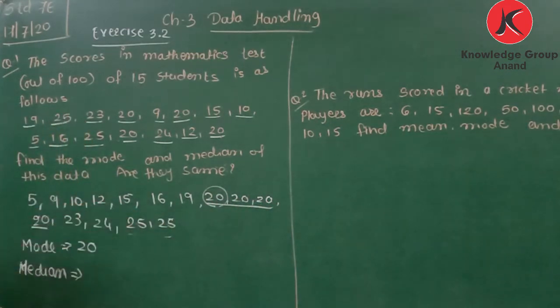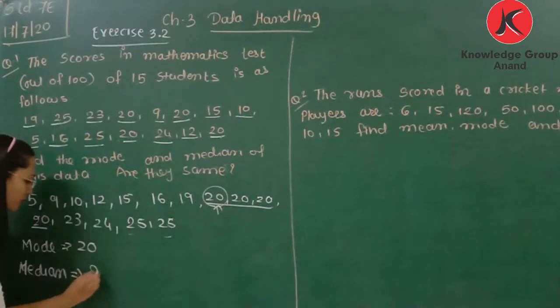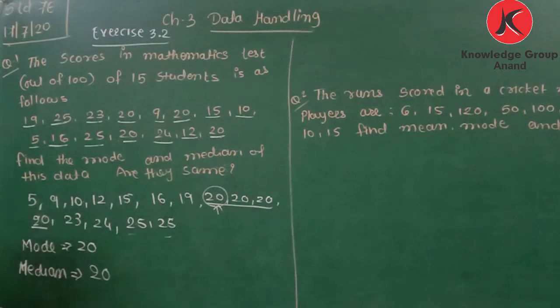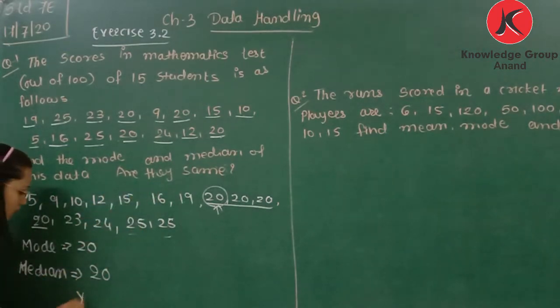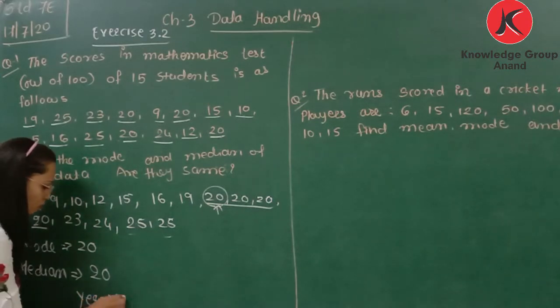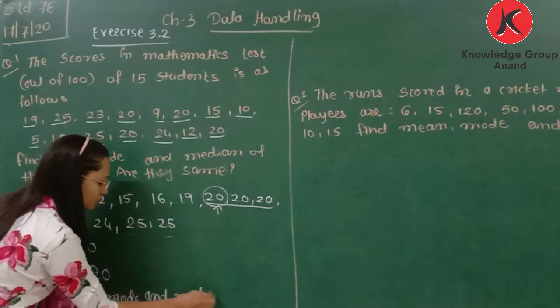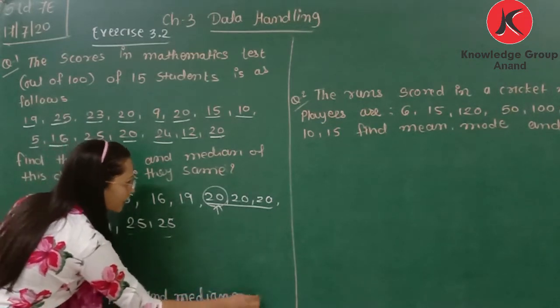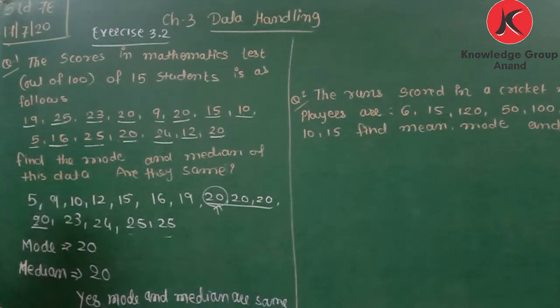Means it is divided into 2 equal parts from 20. So 20 will be our median. Are they same? Yes, mode and median are same.